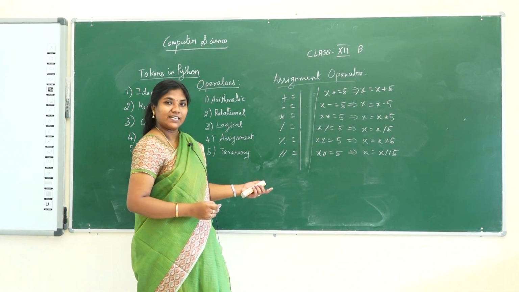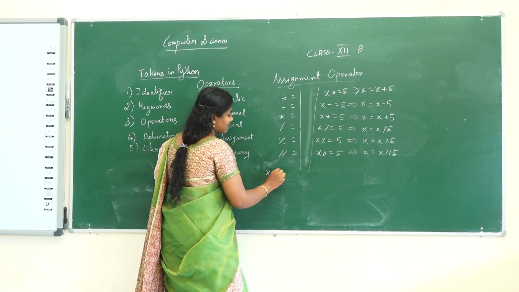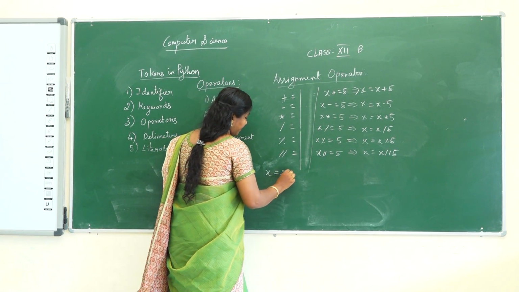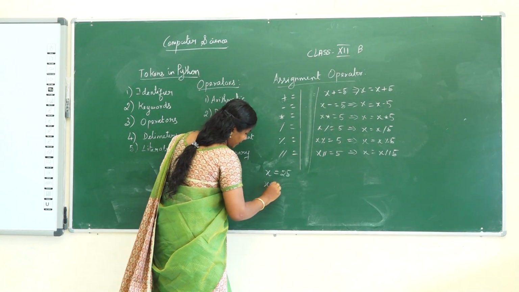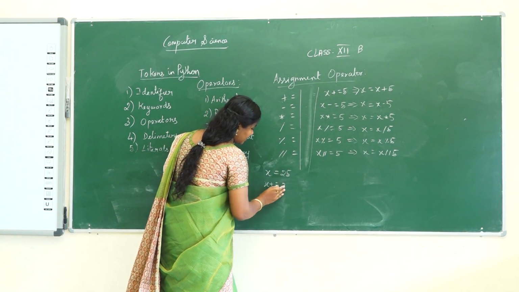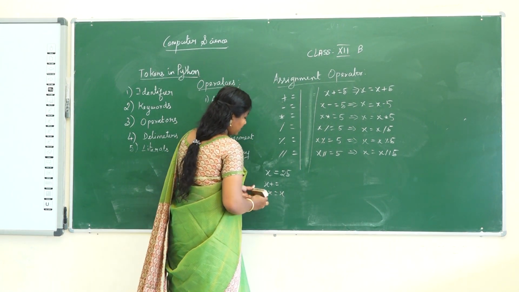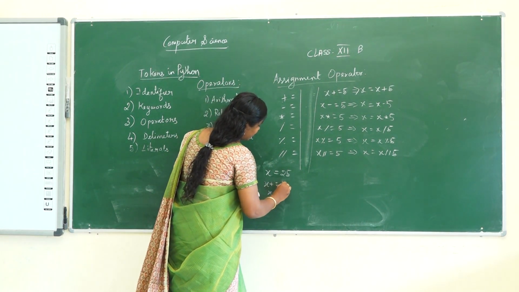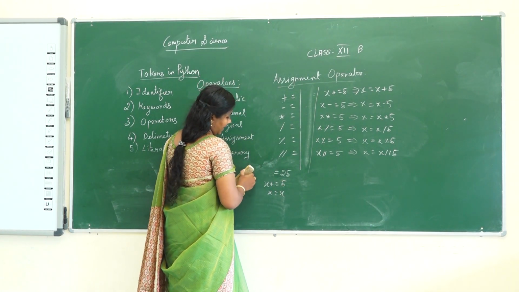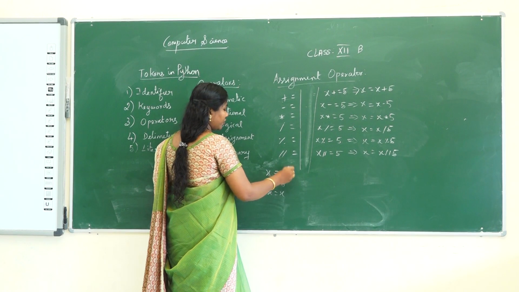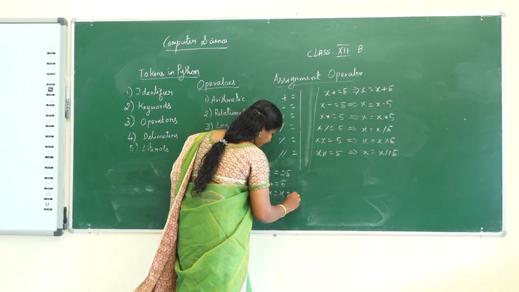Now we will see it in a program. Suppose I have x is equal to 25, and then x plus equal to 5, so x is equal to x plus 5.